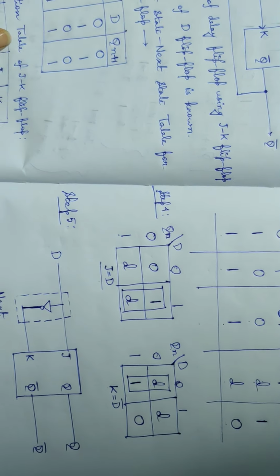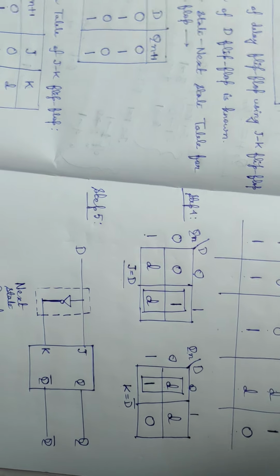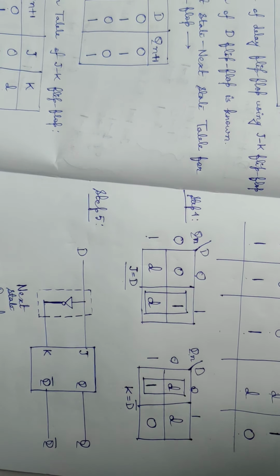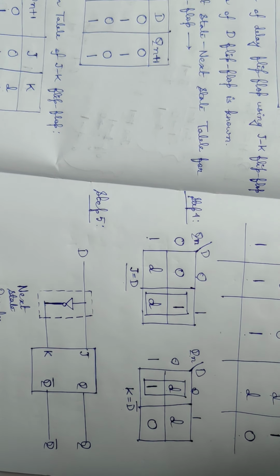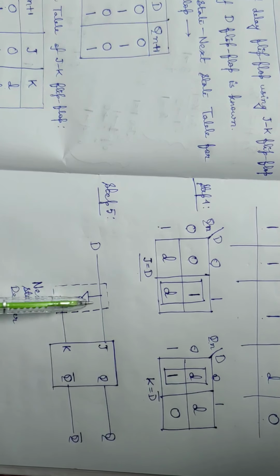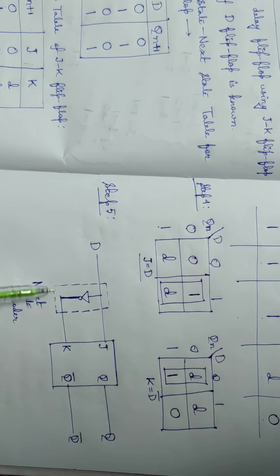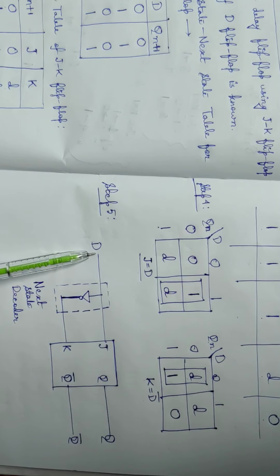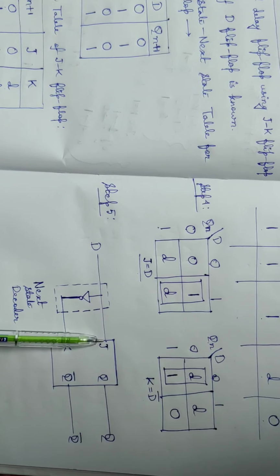Now coming to step 5. In step 5, you can see this is a NOT gate and this part consisting of this NOT gate is the next state decoder part. As J equal to D, this D input will be directly fed to the J input of the JK flip-flop.